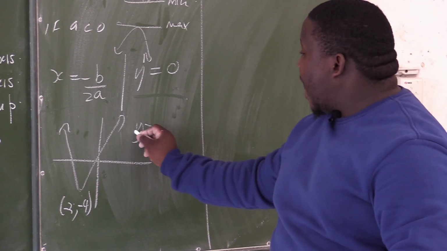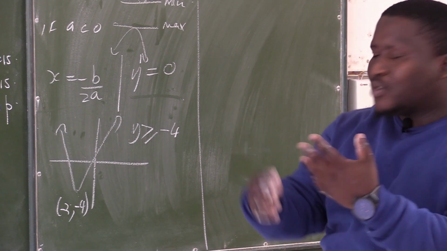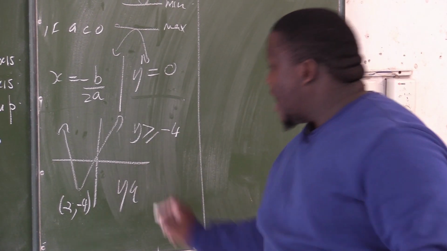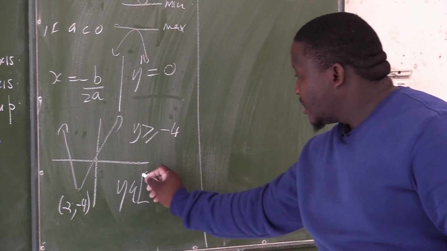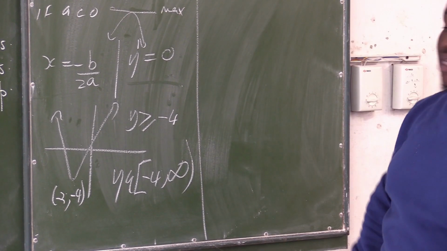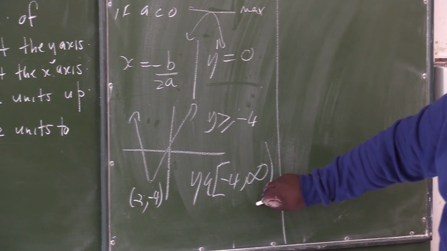Therefore, my range will say y is greater than or equal to -4. There's another notation to write the range, wherein you say y is an element of, then a square bracket, -4, then infinity, then a round bracket. So you can give either this range or that range.